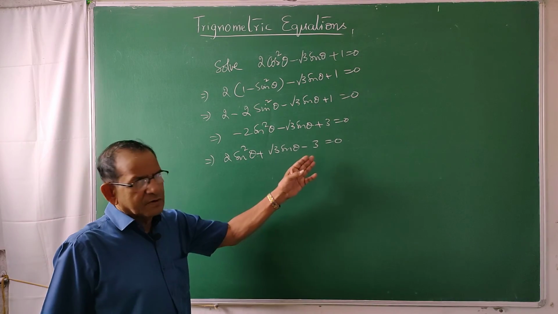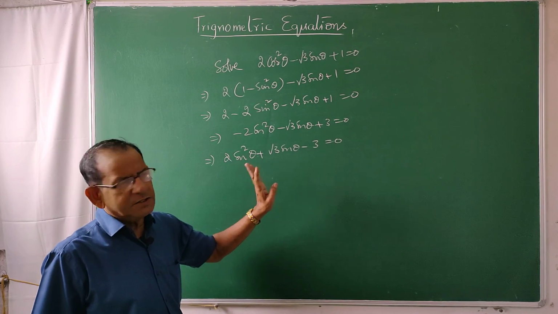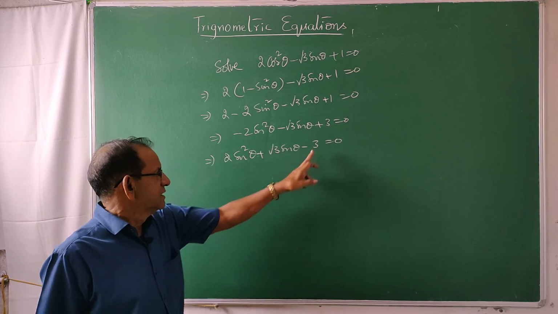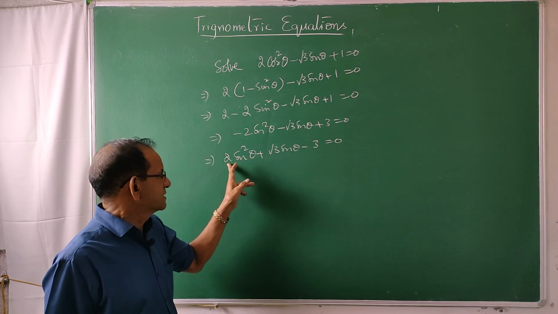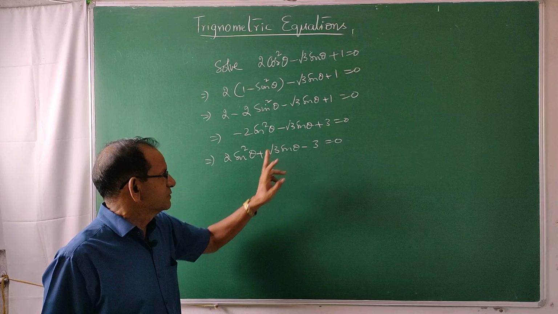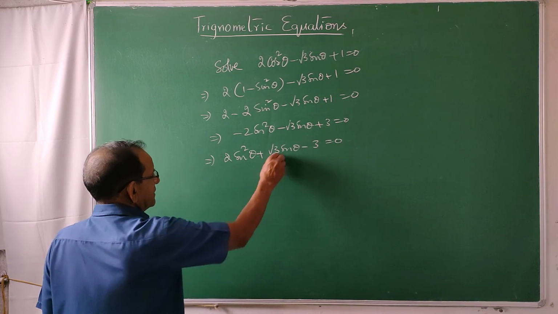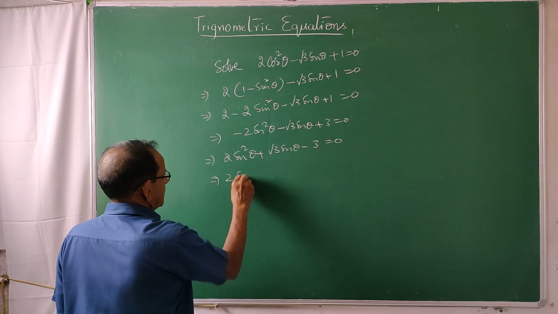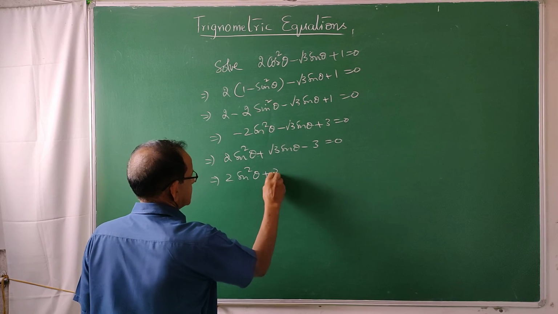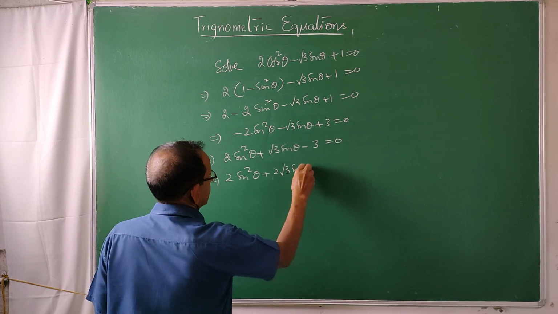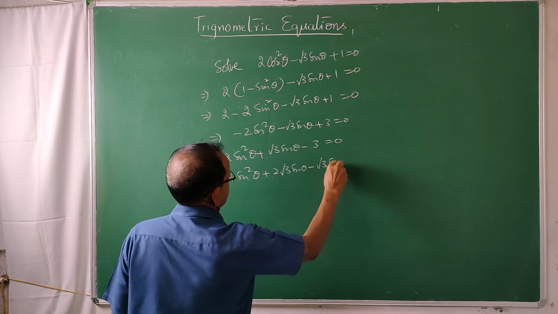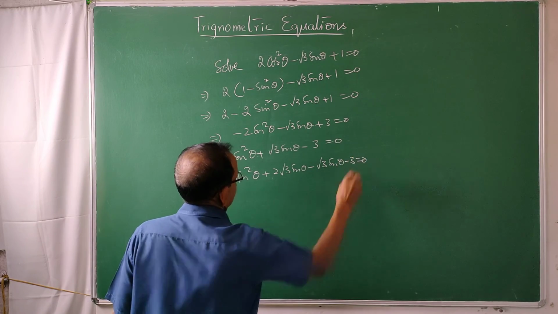Now we have to factorize this quadratic equation to get the values of sin theta. This is minus 3 into 2, minus 6 sin square theta. So I have to split this one. So I will write this root 3 sin theta as 2 root 3 sin theta minus root 3 sin theta minus 3 is equal to 0.